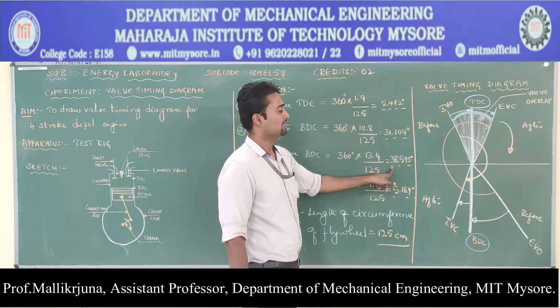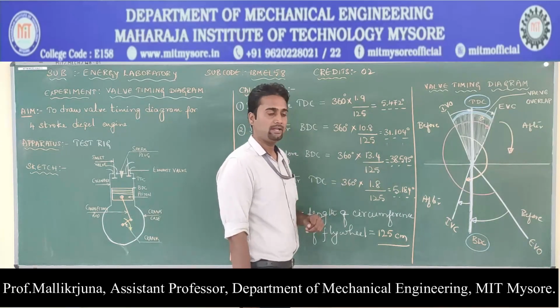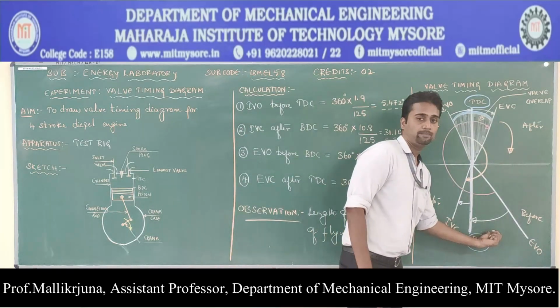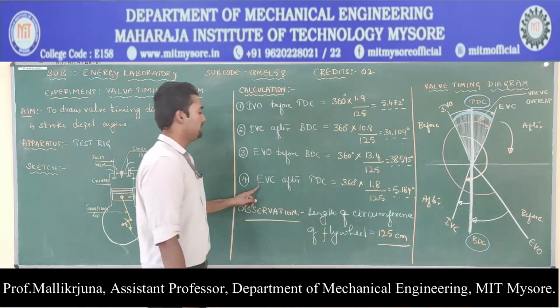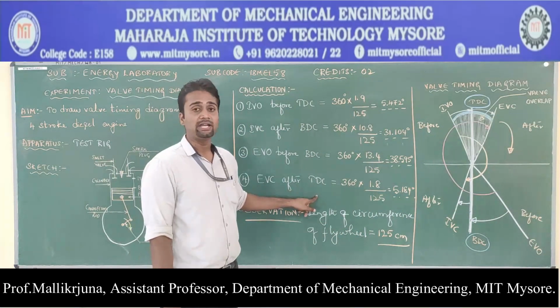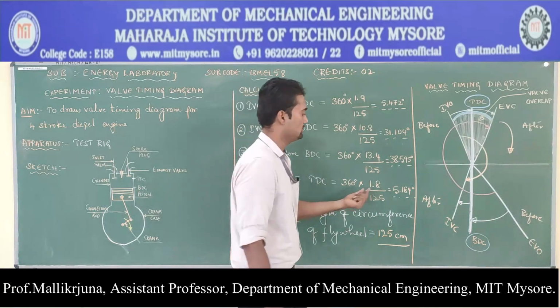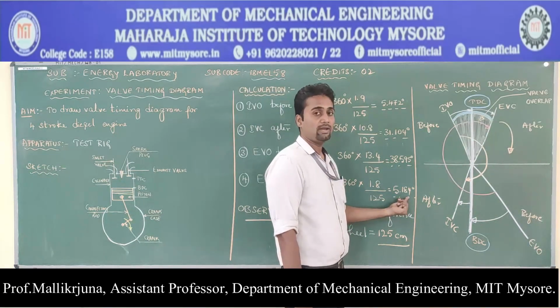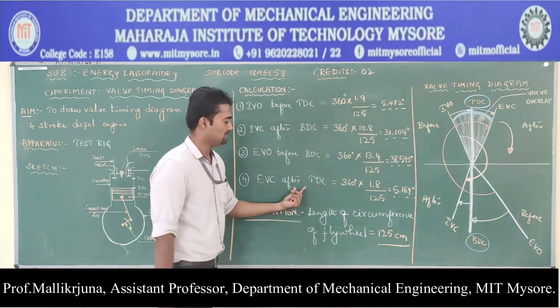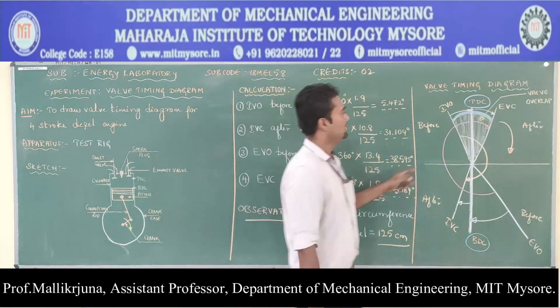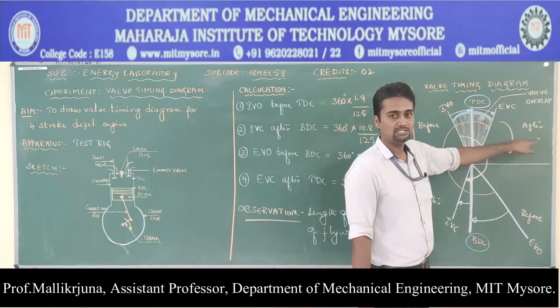The angle value is 38.595 degrees before BDC. And the next and final thing is the exhaust valve closes after TDC. That means after TDC, the exhaust valve is going to close, and the value is 5.184 degrees. Please look for this case after TDC. So this is TDC. After TDC is this.